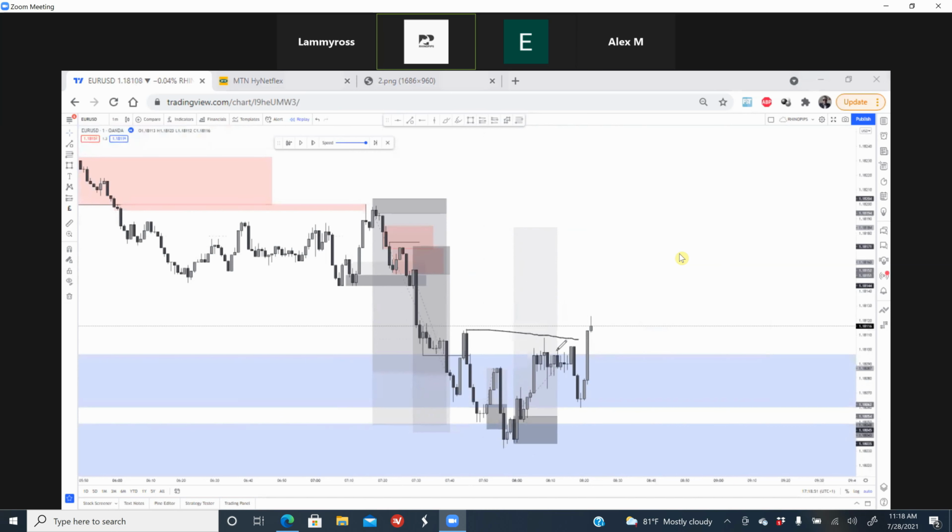But this is a turn. Before the turn happens, we see price drop back to make price efficient, which means this could actually happen, or price can as well possibly respect this. I don't know. Let me just play.